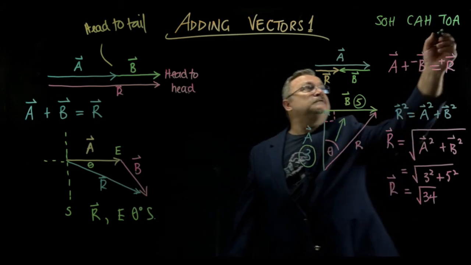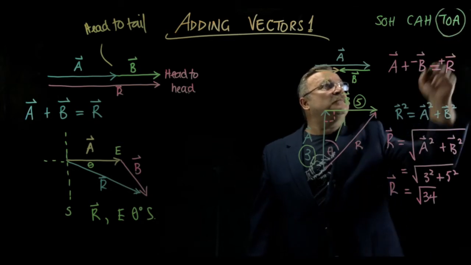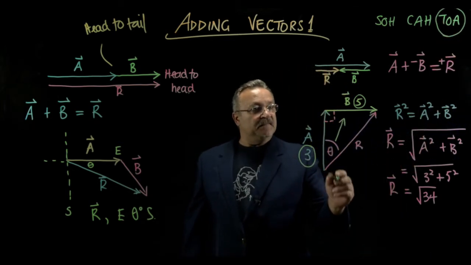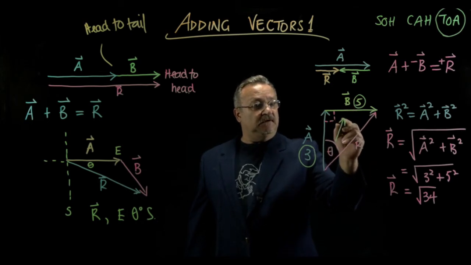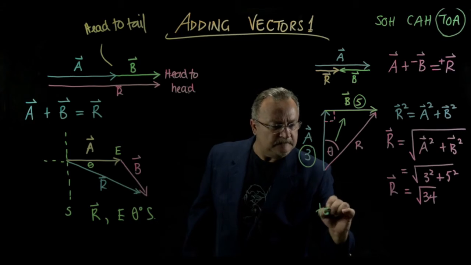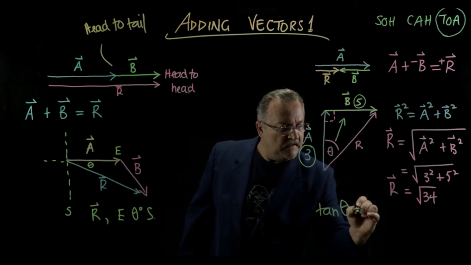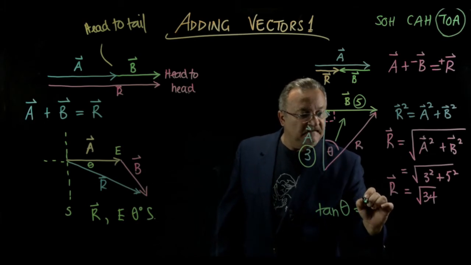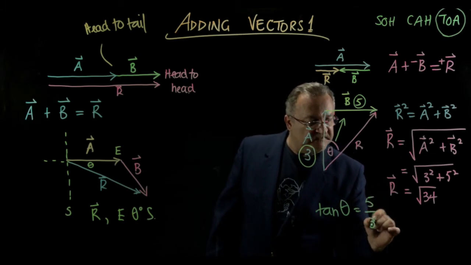So I'm going to use tangent to find my angle theta. So I'm going to say that opposite on adjacent, so that makes it tan theta equals opposite, which is 5, on adjacent, which is 3.